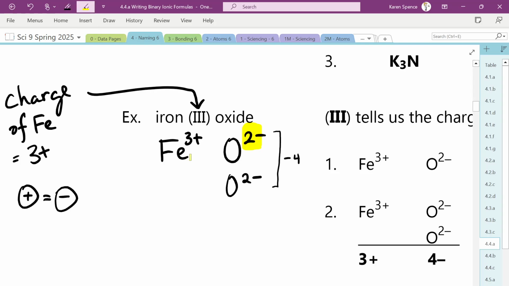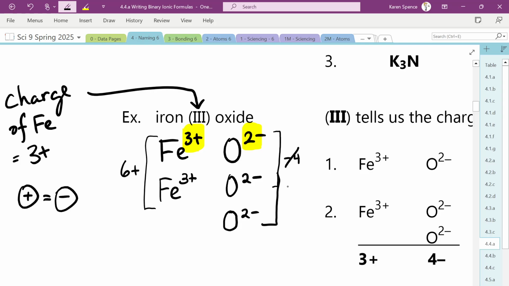Oh, now I don't have enough positive, so I'm going to add another positive. But that now gives me 6 plus. 3 and 3 is 6. So now I don't have enough negative, so I will add one more O2 minus, and that gives me, instead of 4, -6. I've got +6. I've got -6.